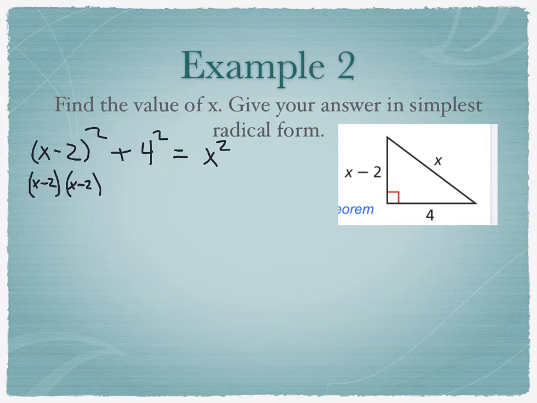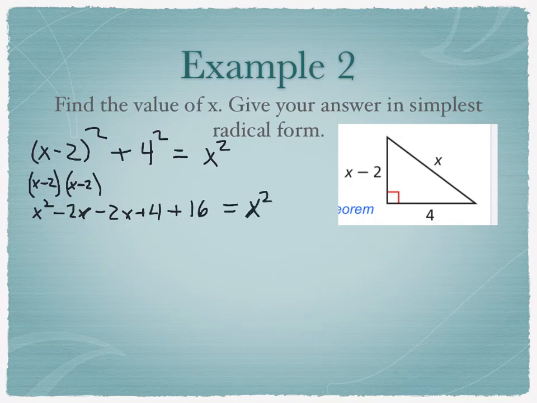FOIL. So we do the first terms, the outsides, the insides, and the last terms. And then we have plus 4 squared. What's 4 squared? 16, which is equal to x squared.